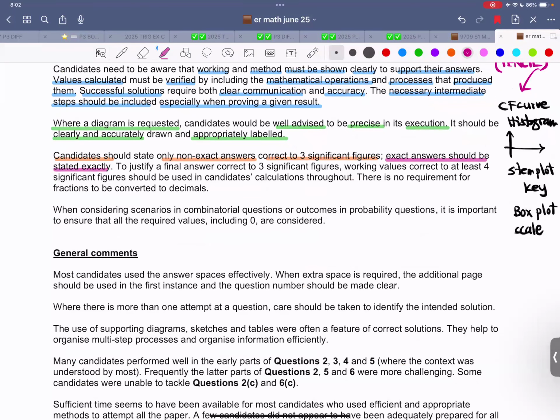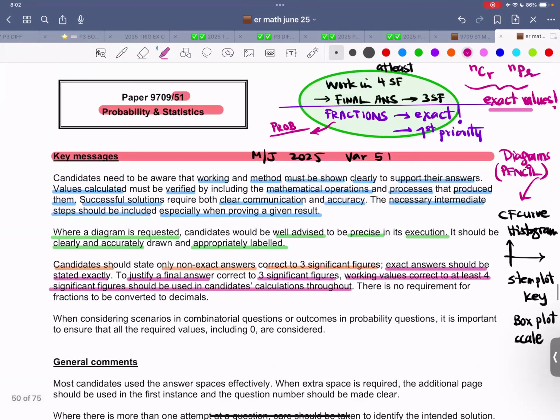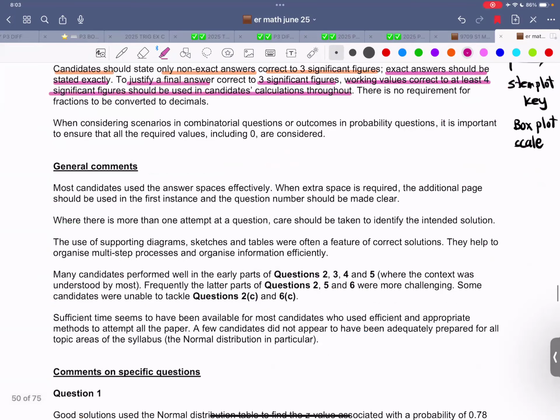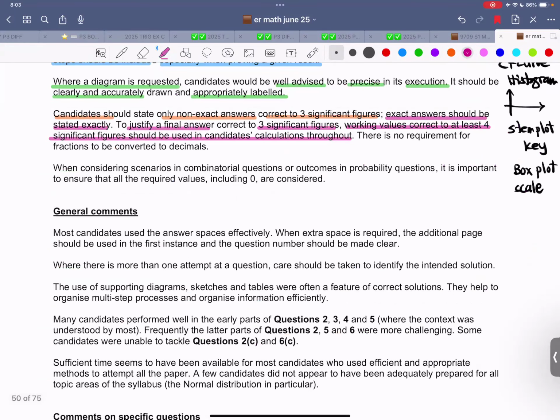And then it says to justify a final answer correct to 3SF, working values correct to at least four significant figures should be used in candidates' calculations throughout. Already written over here, at least four significant figures. You can work in 5SF also. That is what the words at least mean.